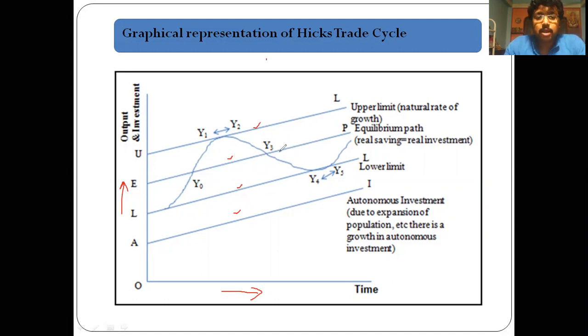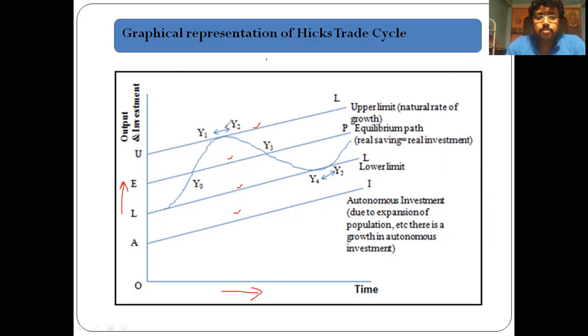Now, this is the lower limit. LL is the lower limit. Beyond this limit, the GDP cannot come down. And this is the UL, the upper limit, within which the cycle works. This upper limit is the natural rate of growth.